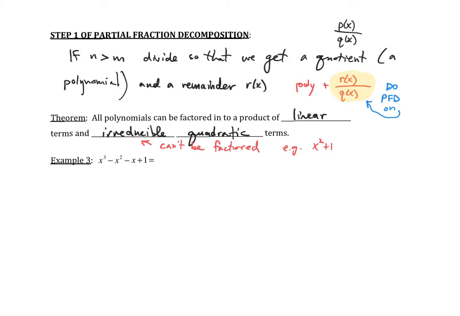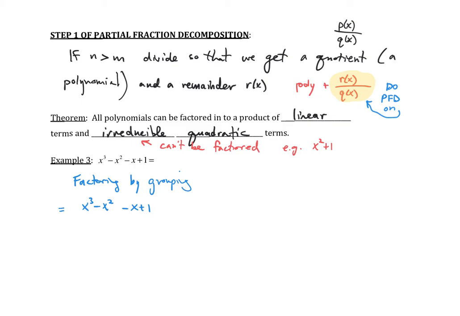This would be something we call factoring by grouping. Okay, what I could do is group the first two terms together. So I could write this as x cubed minus x squared, and then the second part is negative x plus 1 like this.